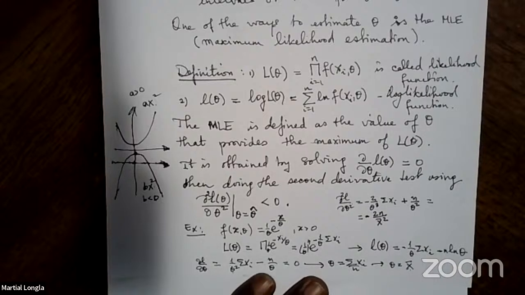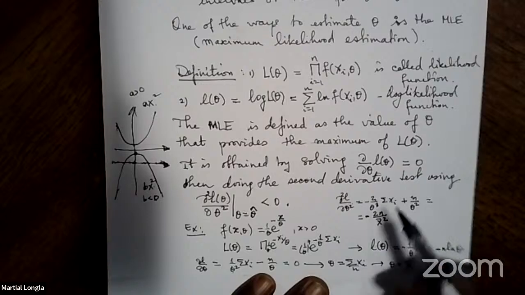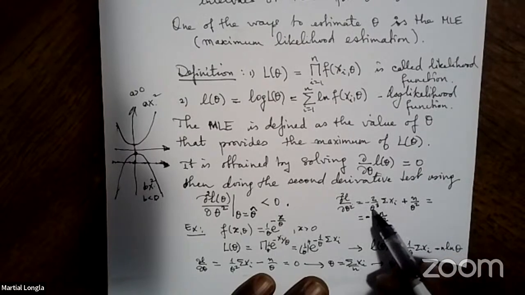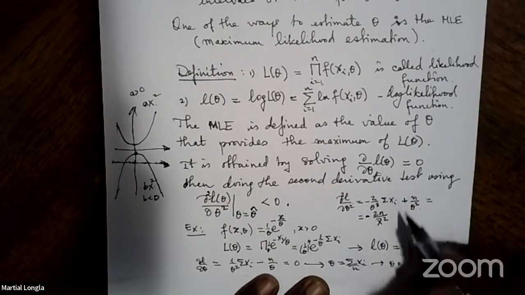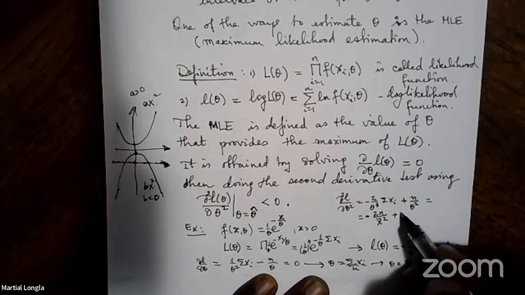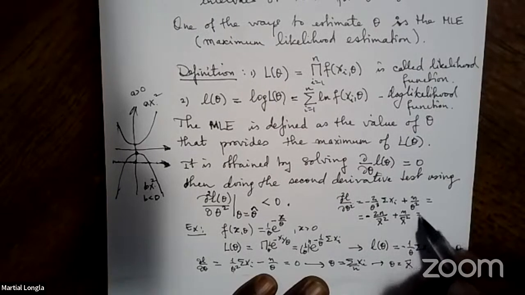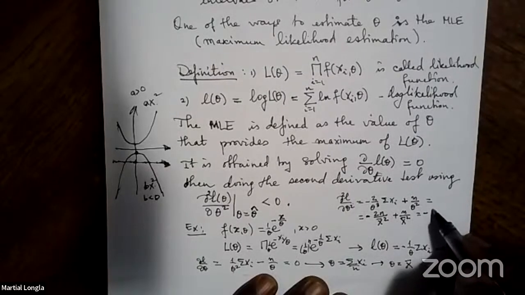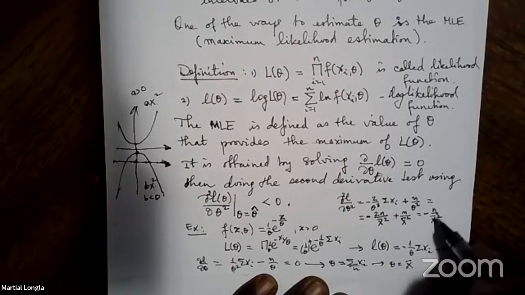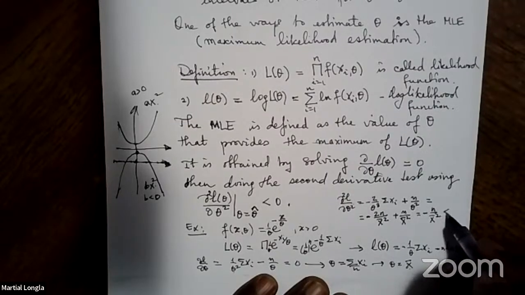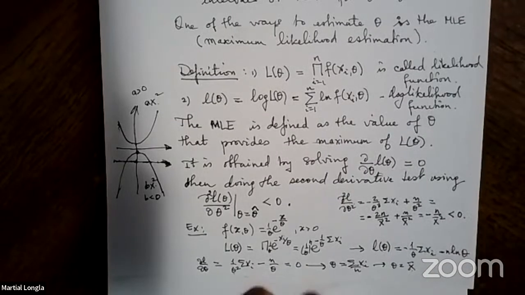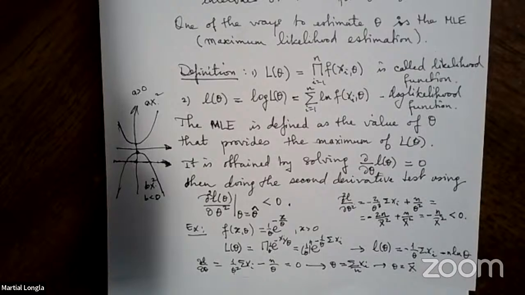We agree with that? By getting rid of this sum of xi with one of the sum of xi's, the n goes up, plus n over theta, which is x bar squared. You see it's the same thing, so it's minus n over x bar squared, and no matter what you have as x bar, this thing is negative. Agreed?